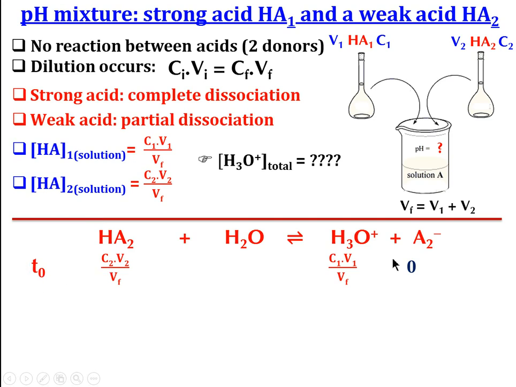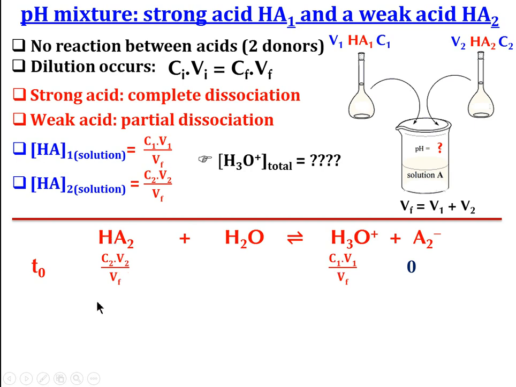So at t equals 0, the concentration of H3O+ is the concentration of the strong acid after dilution, C1 V1 divided by V final. A2- at t equals 0 equals 0.